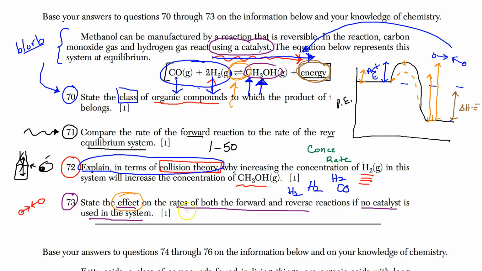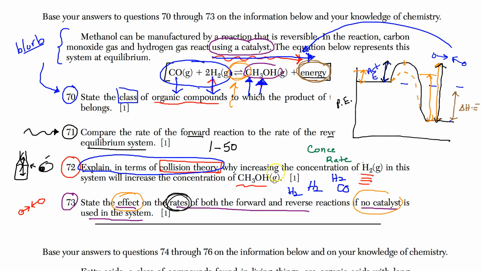Now, if you have no catalyst, remember this reaction again was started with a catalyst. So if we get rid of our catalyst here, what we once had as lower activation energies, now our activation energies are going to be higher for both the forward and the reverse. So this question is all about what is the effect on the rate?